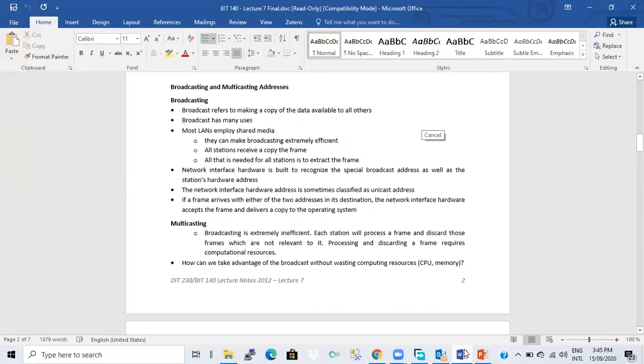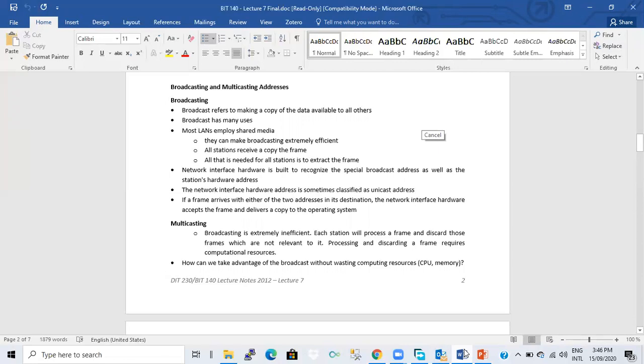The network interface hardware address is sometimes classified as a unicast address. If a frame arrives with either of the two addresses in its destination, the network interface hardware accepts the frame and delivers a copy to the operating system.